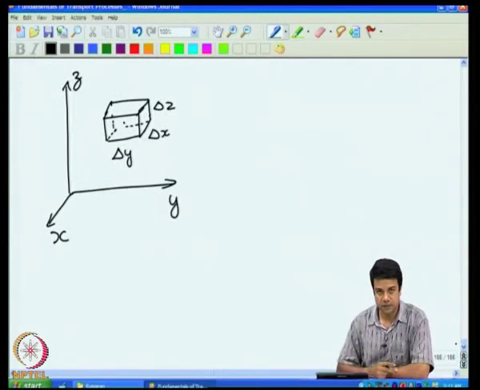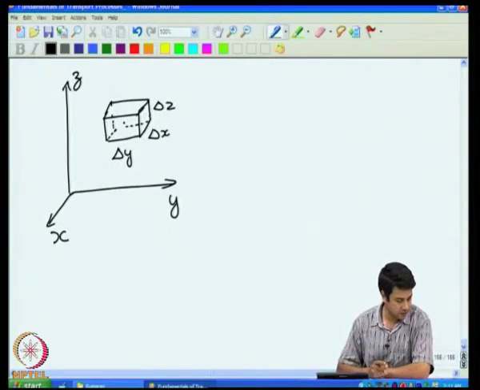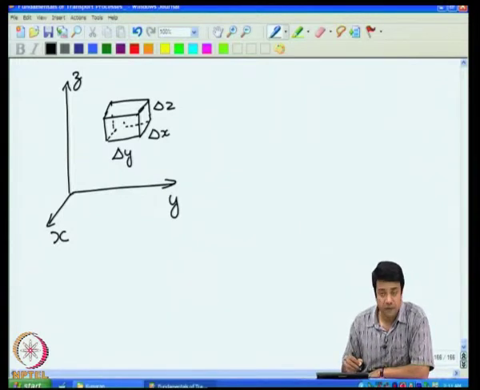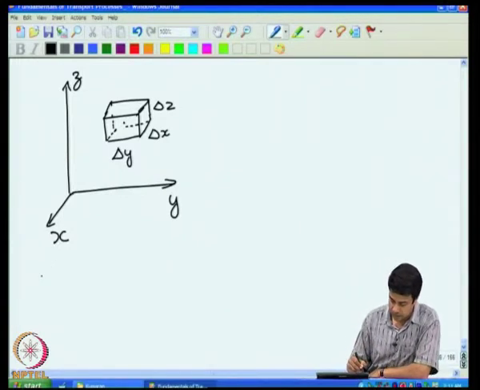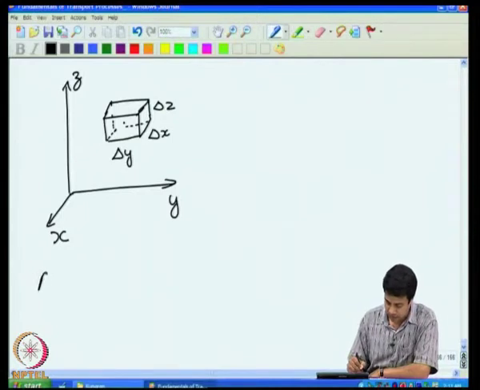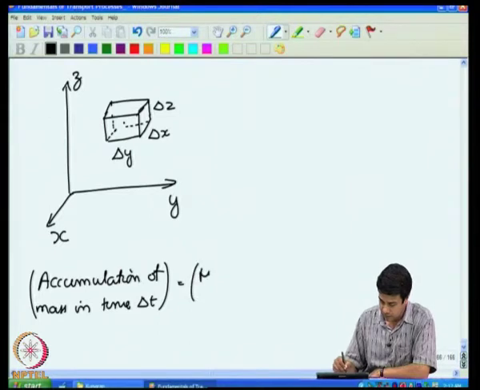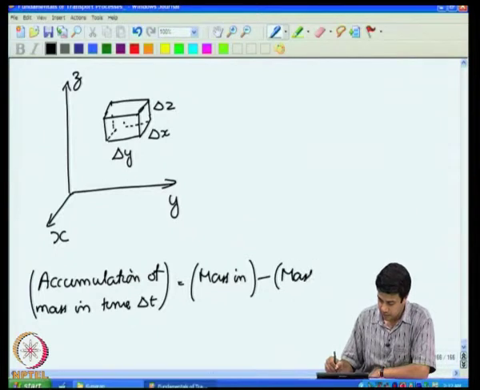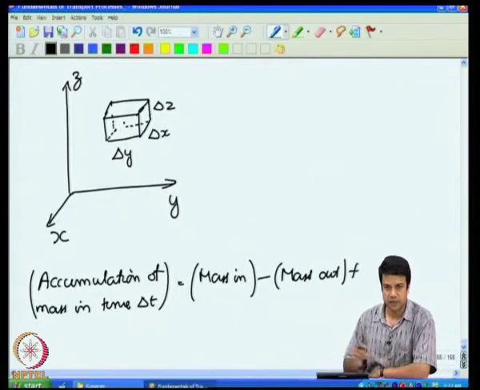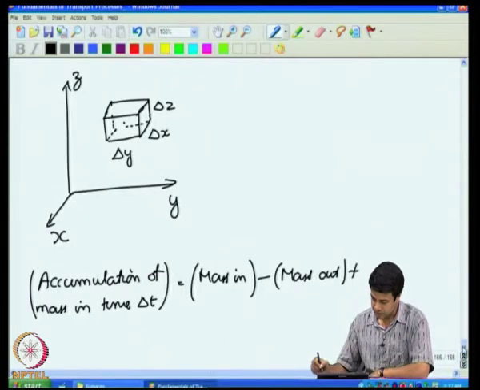Now, for this differential volume, what is the conservation equation? Okay. If I am considering the mass conservation equation, the equation will be accumulation of mass in time delta t is equal to mass in minus mass out plus any sources or sinks that may be present.